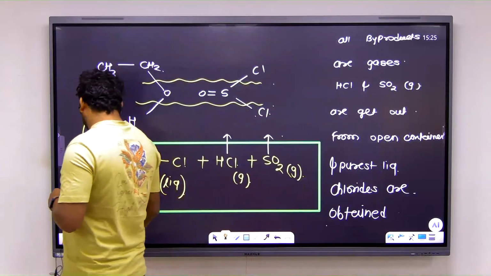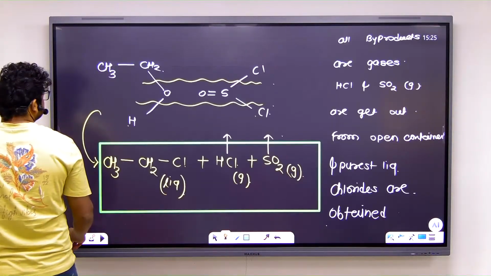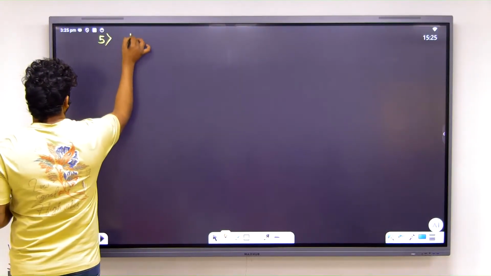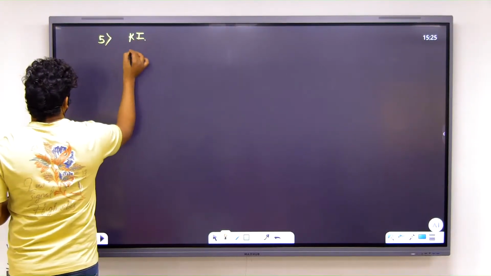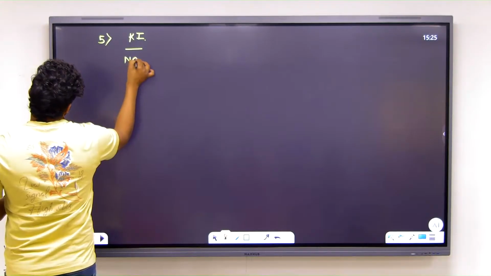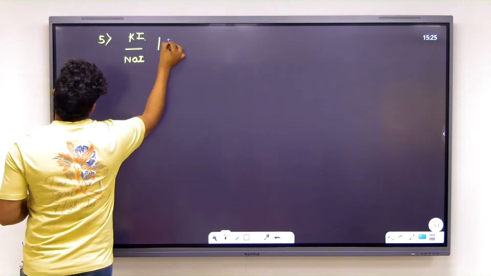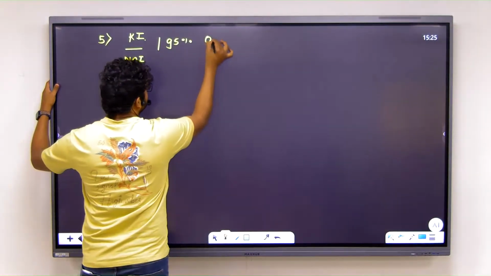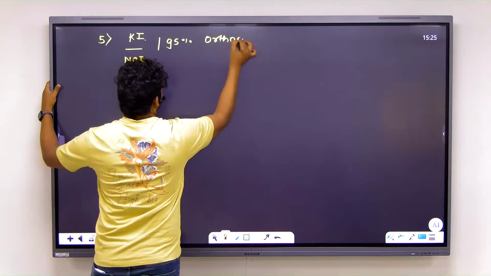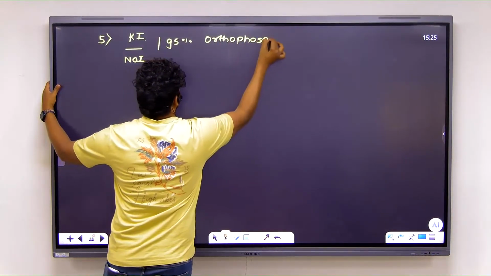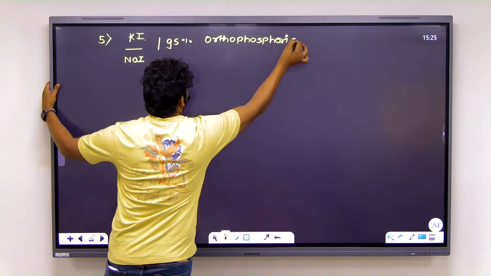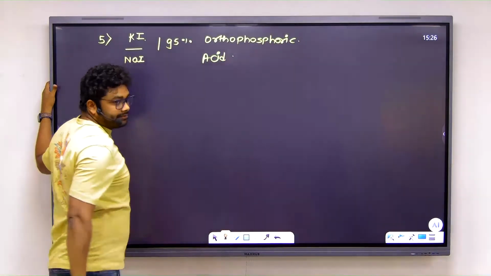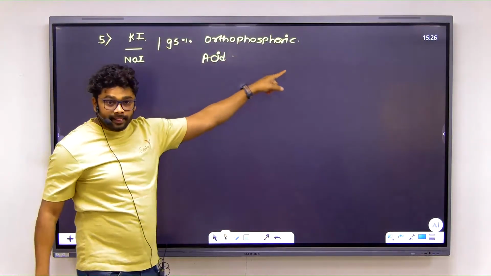You can move on for the next process, that is a process number 5, 6, that is by using potassium iodide or sodium iodide in presence of 95% purest orthophosphoric acid. 95% purest orthophosphoric acid, not phosphorus, it's a phosphoric acid.